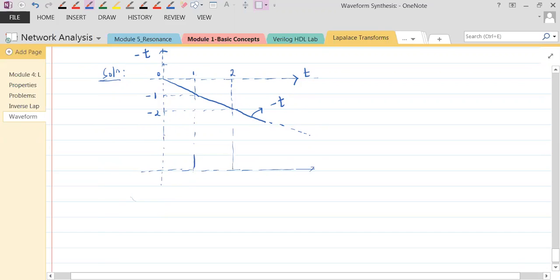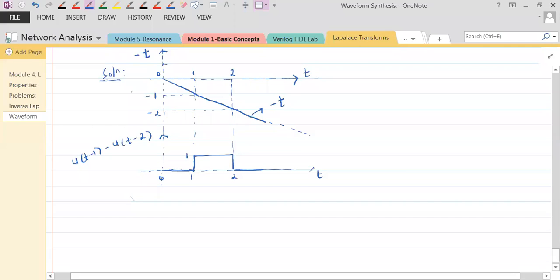So you need a waveform which is 1 from 1 to 2, with 0, 1, 2 like this, and this is 1 here. Which is this waveform? Now you're all experienced, you can easily say. This waveform is u of t minus 1 minus u of t minus 2.